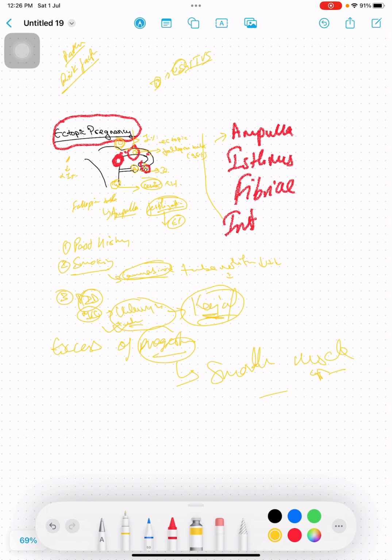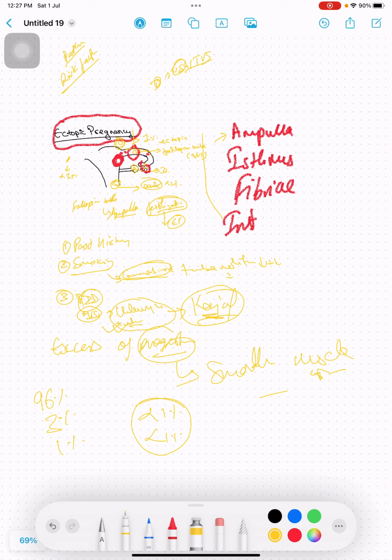Now remember, tubal ectopic is 96%, ovarian 3%, and other sites 1%. In the cervical and in the previous cesarean scar, implantation is less than 1% in both.